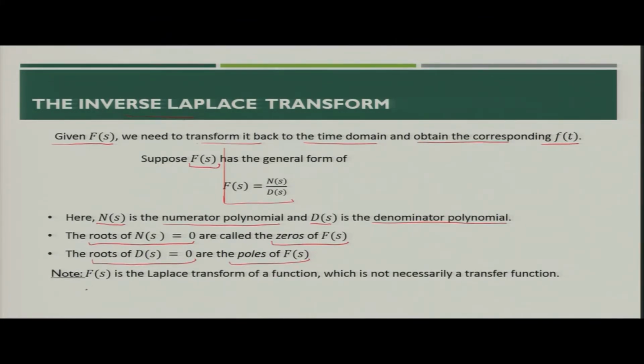Now, we have to keep in mind that F(s) is the Laplace transform of a function f, which cannot necessarily be a transfer function. So, we have to keep this in mind so that we are not confused between the transfer function and the Laplace transform.